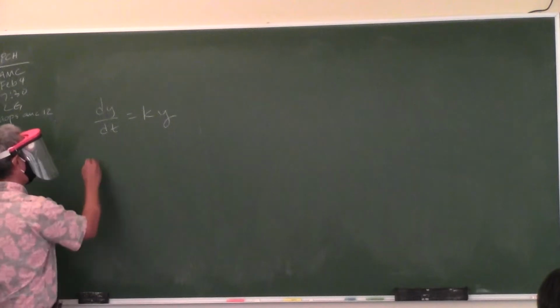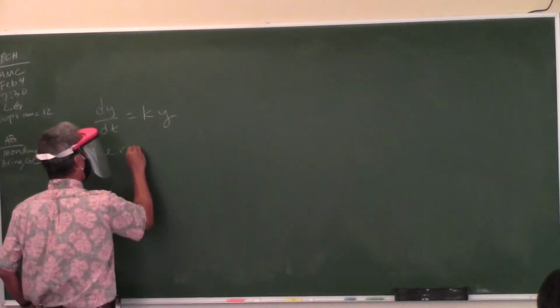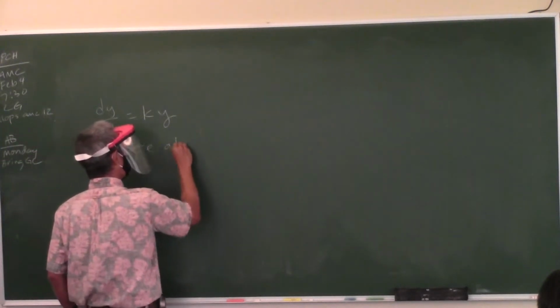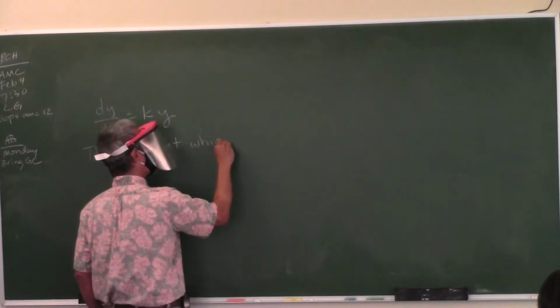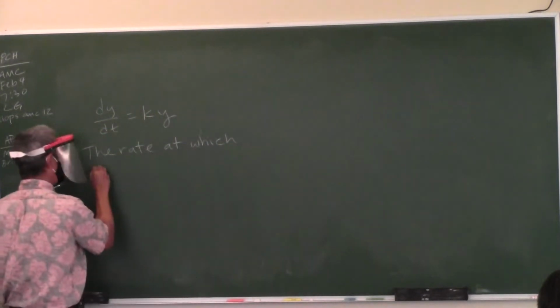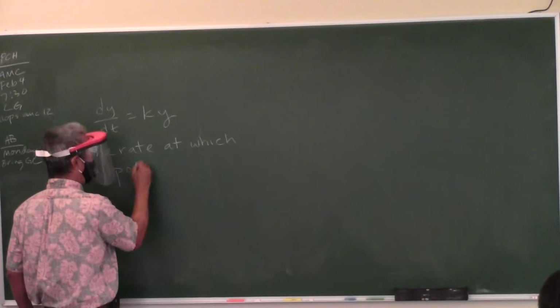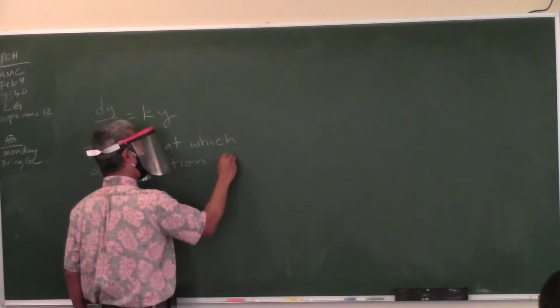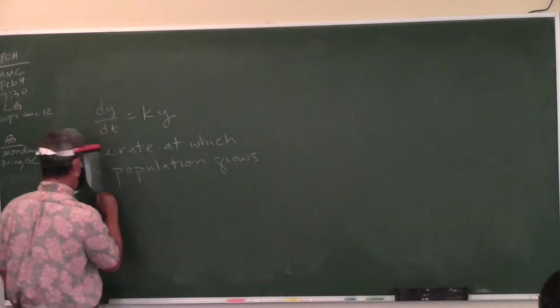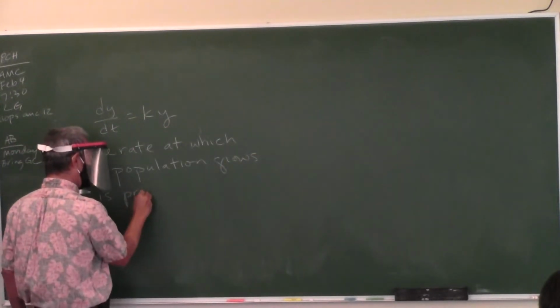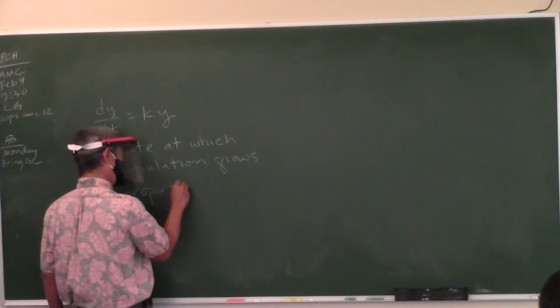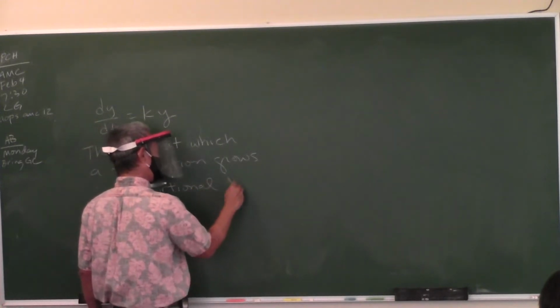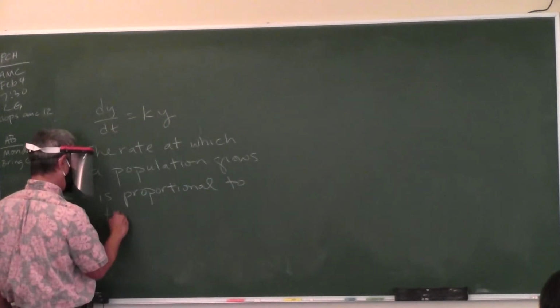So sometimes on the AP exam, they'll just give you this equation, or they might give it to you in words. They might say, the rate at which a population grows, if Y represents the population, is proportional to the amount present.